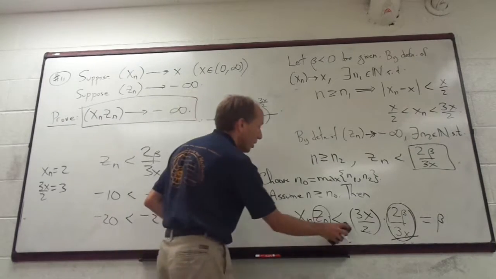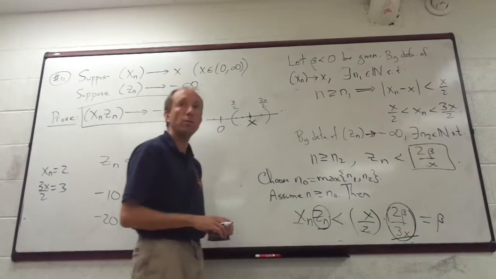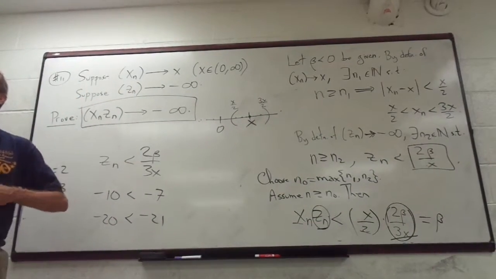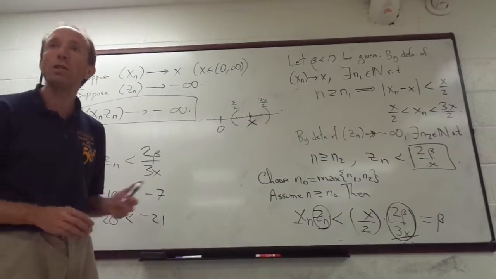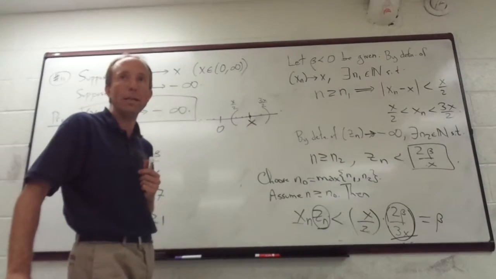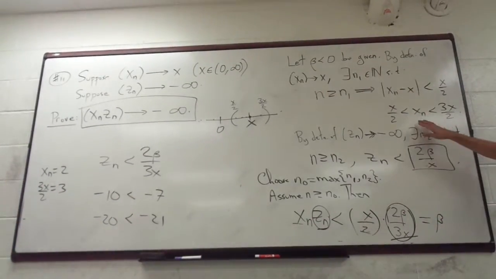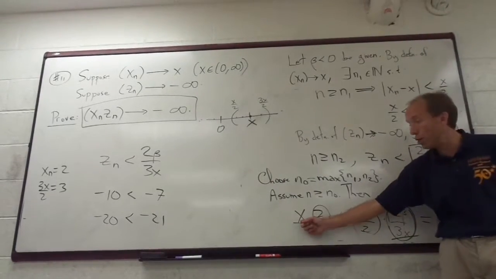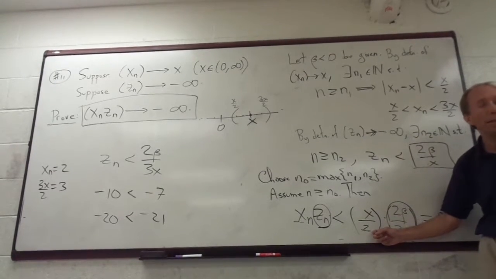So xn is larger than x over 2, and you do need to use this. This is tricky. If you made this mistake on the test, it would be a 10-point problem. I'd probably give you either 8 or 9 points, just for what you have here, because it's the right idea. It's a tricky sign thing: you want to make sure that what this Zn is being multiplied by is a larger positive number than what this one is being multiplied by. That's the point.